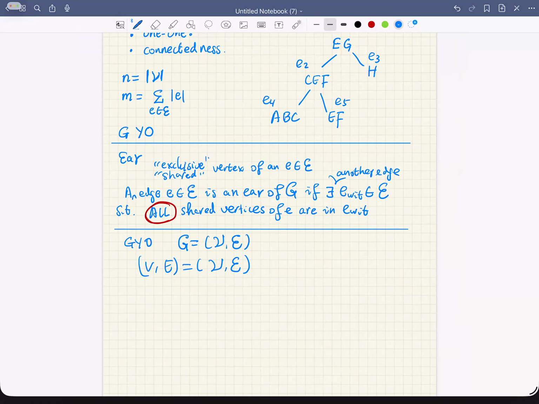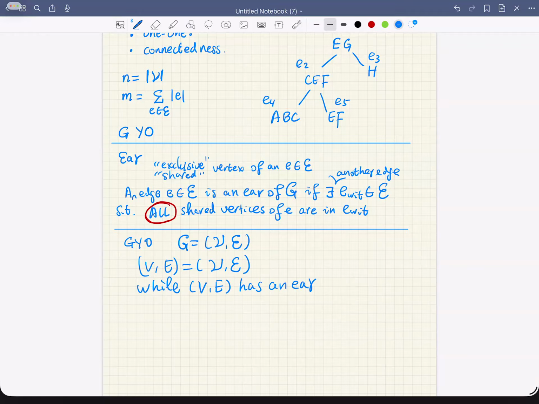Now GYO says, do you have an ear? Does the current graph have an ear? If it does not, terminate and make a decision. I'll tell you later. Make an easy decision.